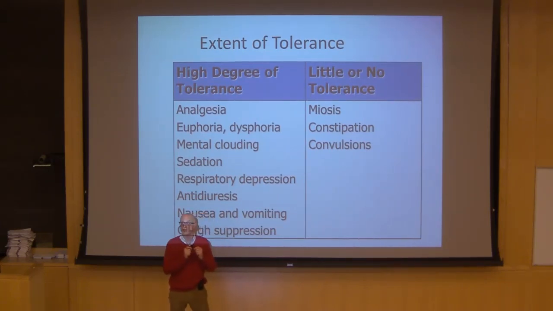And the two that are the most important would be the pinpoint pupils, or the meiosis, and the constipation. Those you don't see typically tolerance to, but all of the other things like respiratory depression, like euphoria, the analgesia, you become tolerant to those, and it takes more and more drug to produce the effect.